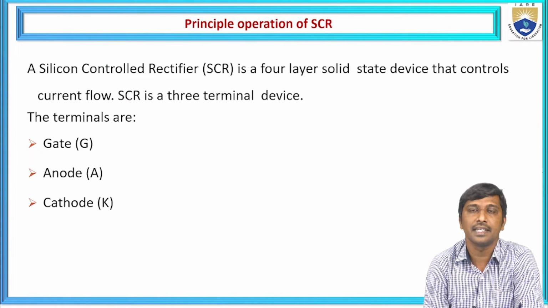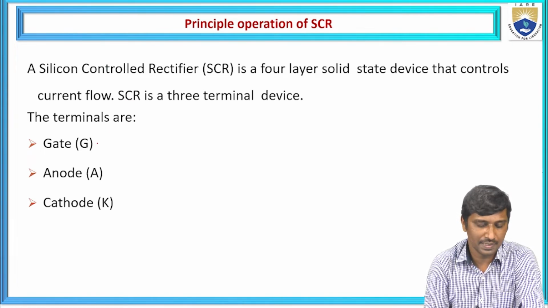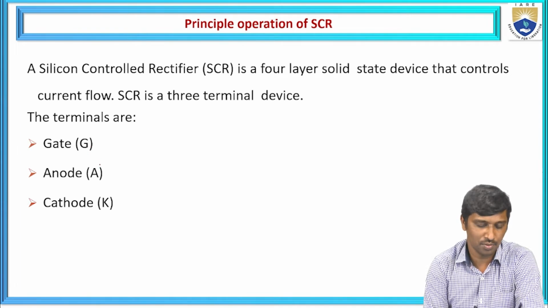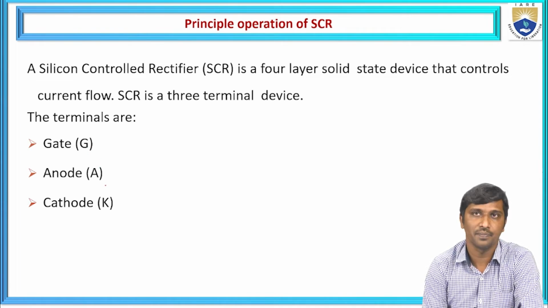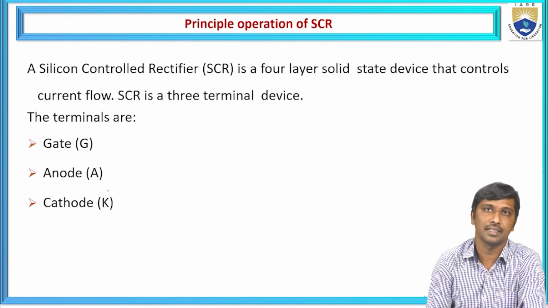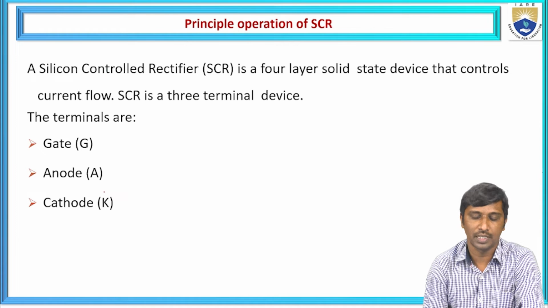This SCR is a 3-terminal device: one is the gate, another one is the anode, another one is the cathode. These are the 3 terminals of the SCR: gate, anode as well as cathode. In most cases, the anode is represented as positive polarity and the cathode as negative polarity.